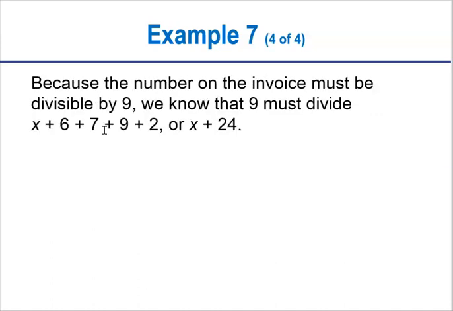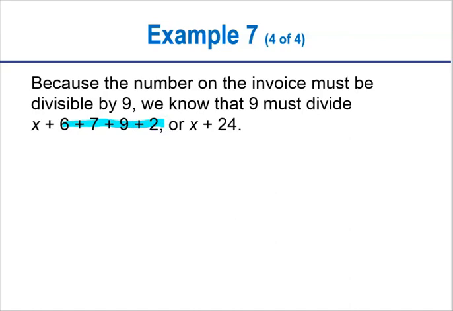Here we go. Because the number on the invoice must be divisible by 9, you add all the digits together, and the sum has to divide by 9, right? So if I add all these numbers together, x plus 6 plus 7 plus 9 plus 2, because we don't know what the x is, of course, what we're looking for. And this is x plus 24 when I add 6 plus 7 plus 9 plus 2.